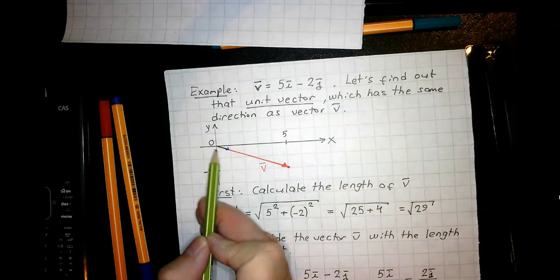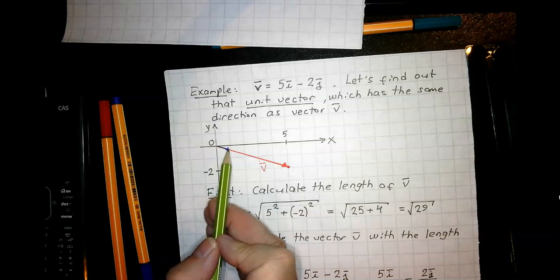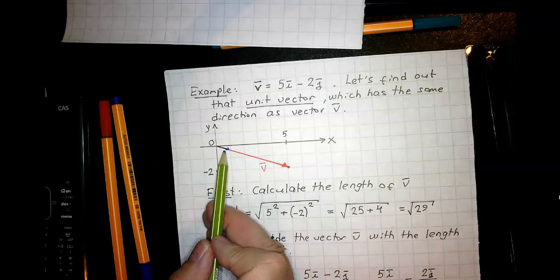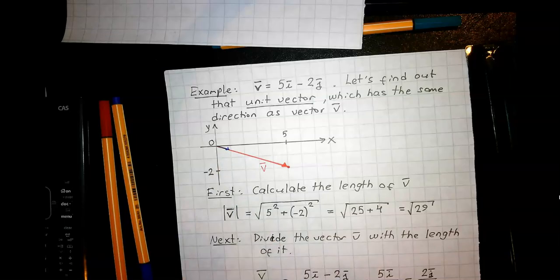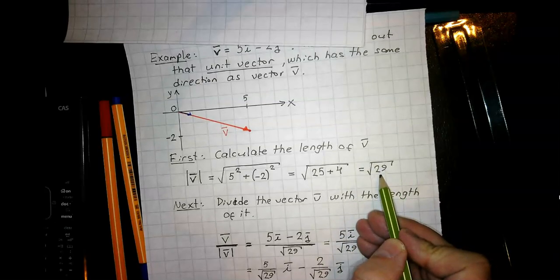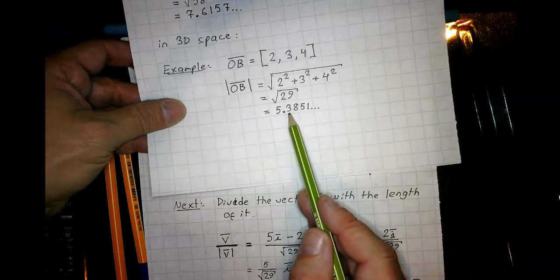1 unit vector in the direction of vector v is this blue vector there, and we got the length of the vector v, it was square root of 29 units. We had the same calculations here.